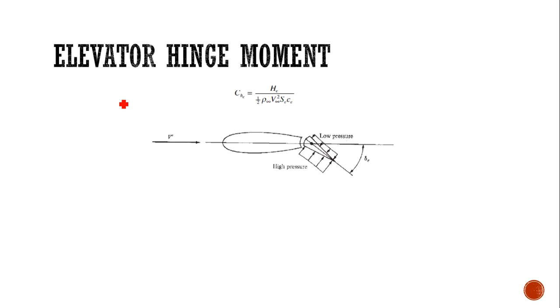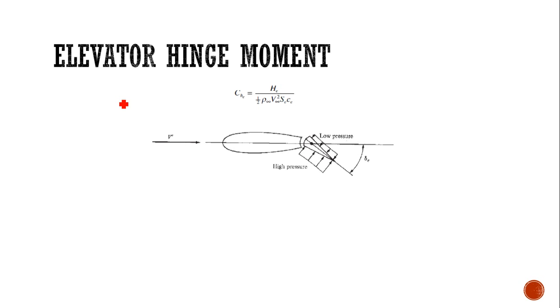Already we know that the elevator is fixed to the tailplane using hinges. Nowadays, so many other techniques are there, like morphing type tails, passive morphing and active morphing tails. But normally we use hinge type elevators.